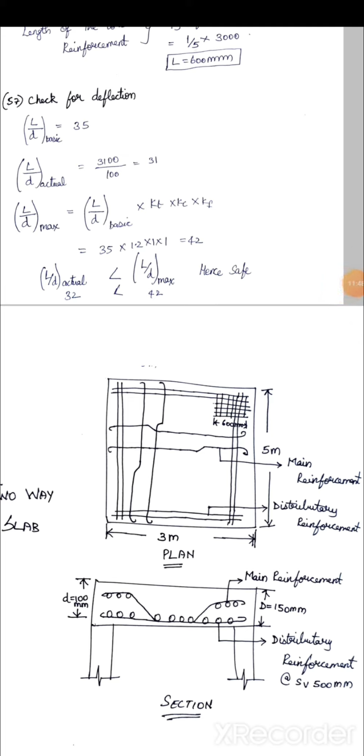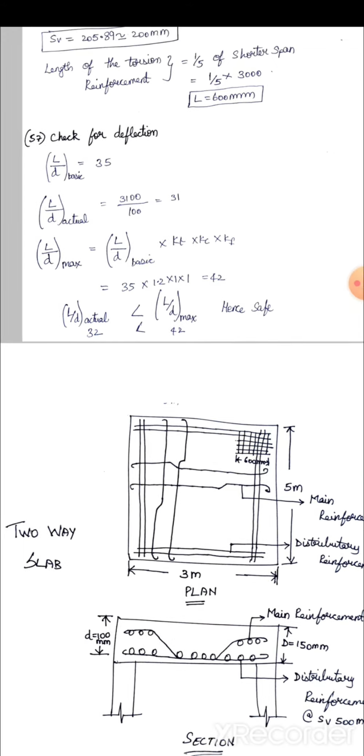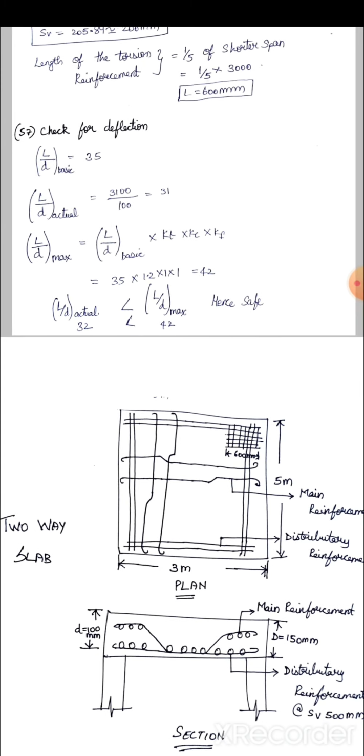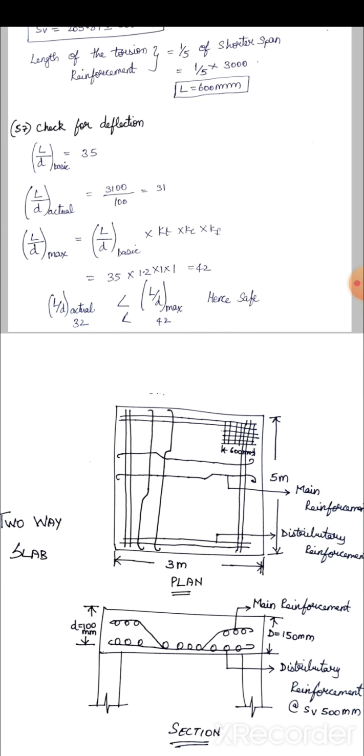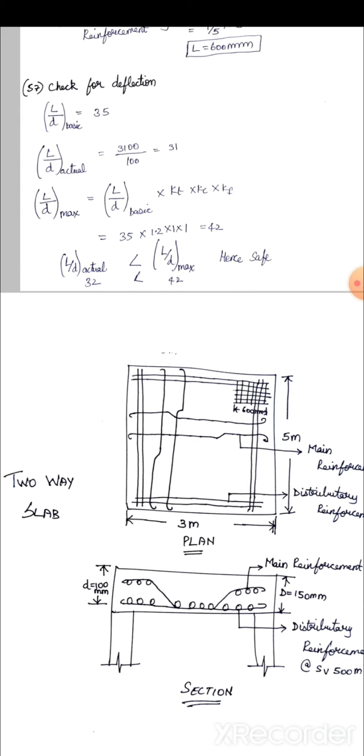Answer is 1.2 for Kt. Kc is 1, Kf is 1. Referring to the figure in IS 456 2000, we get answer 42 for L by d maximum. L by d actual is 32. L by d maximum is 42. Actual 32 is less than 42. So the design is safe.